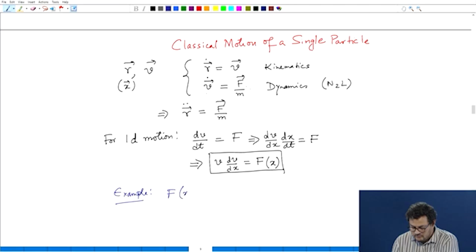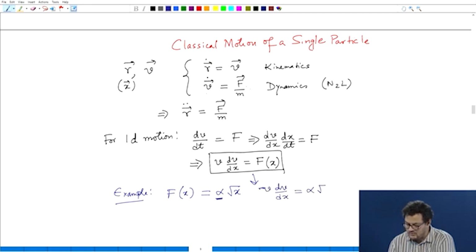where your force is given by alpha root x, where alpha is a constant, let us say a positive constant for instance. Okay. And then of course, you can say that for this case I have v dv/dx equal to alpha root x.